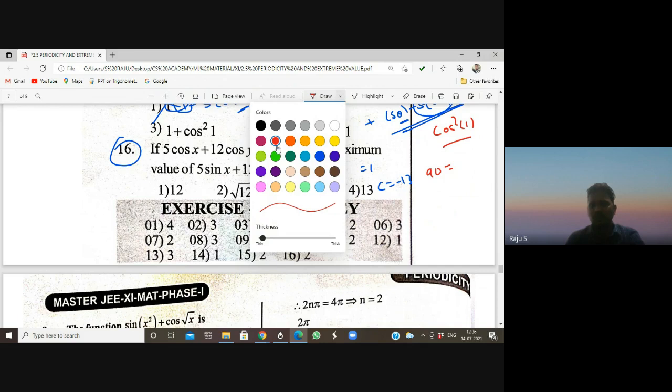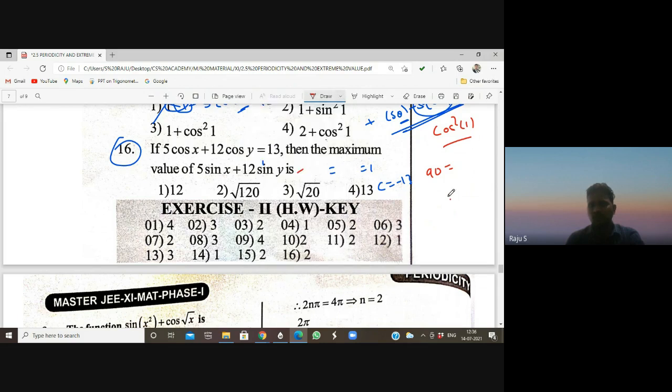Check whether your answer is square root of 120 or not. Nothing but k value alone we need to find. Squaring and adding, then k square plus 13 square, 5 square into 1 plus 12 square into 1. Nothing but 5 square, 12 square, 13 square get cancelled.